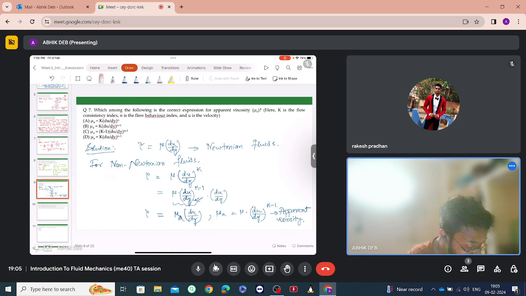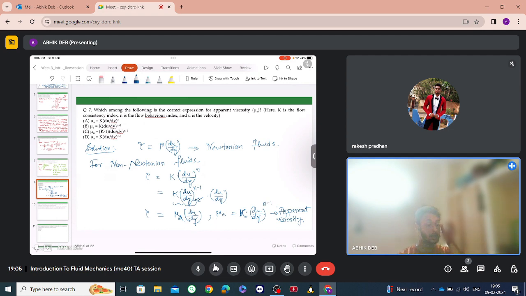There has been an issue with the symbols. So this is k and this is n. This is k, this is n minus 1.